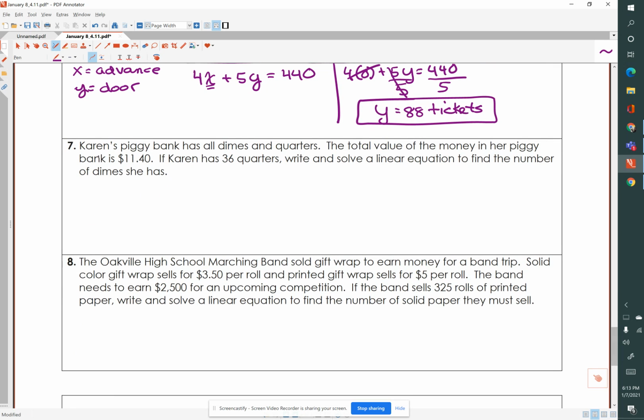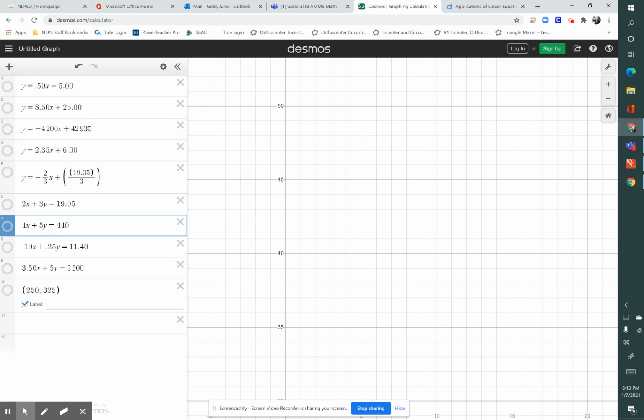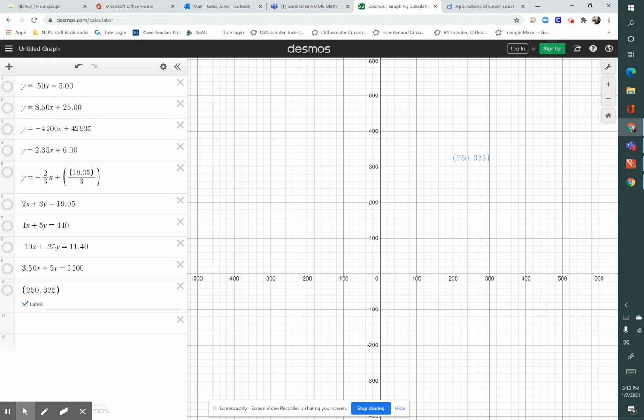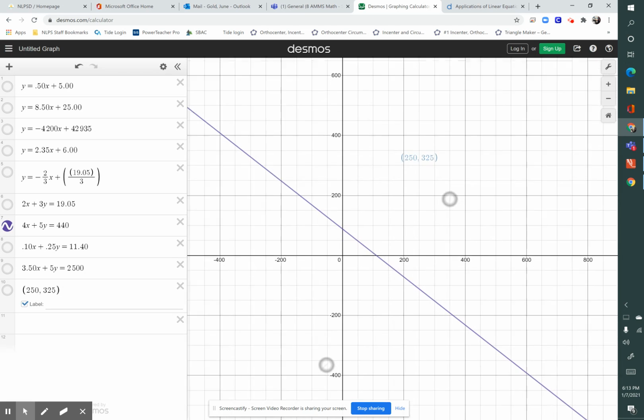So you could figure out, well, if they sold 15 in advance, how many would that be at the door? Or you could look at the graph, which would be this one right here. I'll turn off the other one. It's hard to see this graph because, let me turn it on again. There it is.